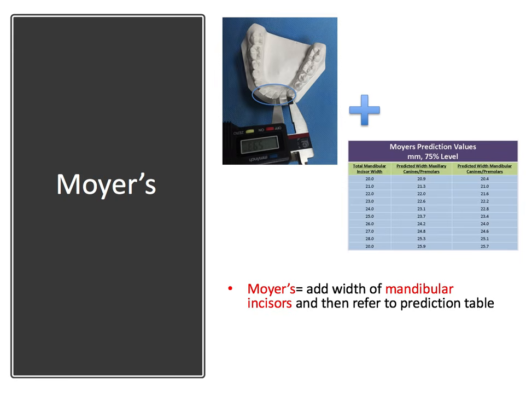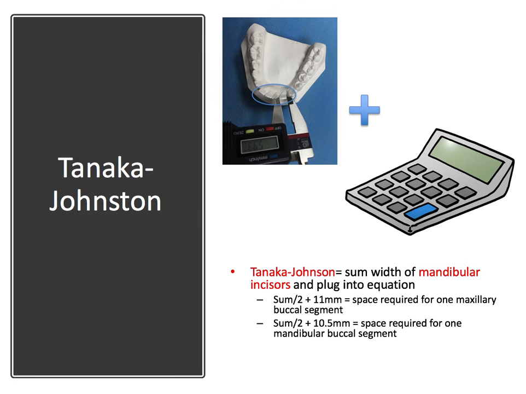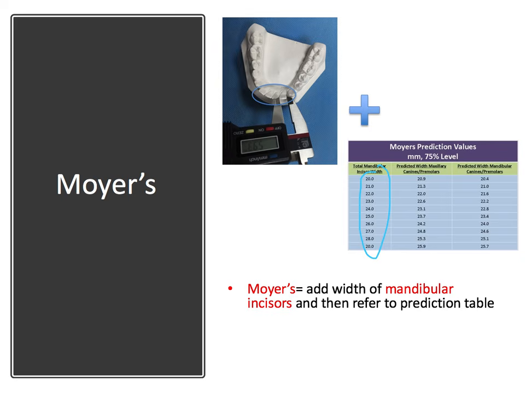So you get that total mandibular incisor width, you go to this column here, you find the closest number, and then you can figure out what is the predicted width of a maxillary quadrant buccal segment and a predicted width for a mandibular buccal segment. So the 2 are actually very similar in how they work, but the difference is you're using a math equation or you're using a preformed prediction table.